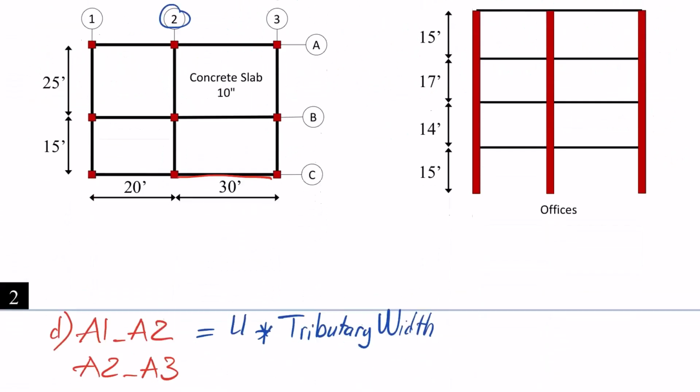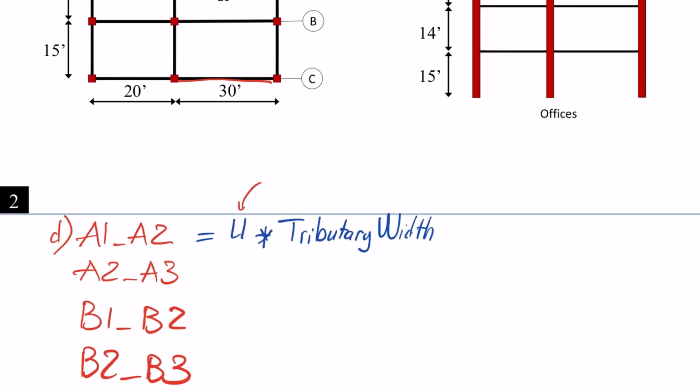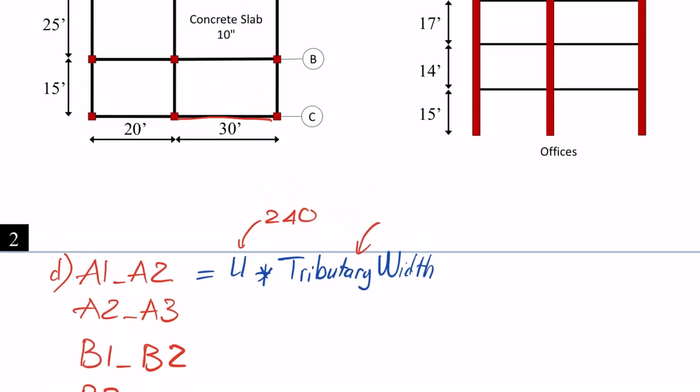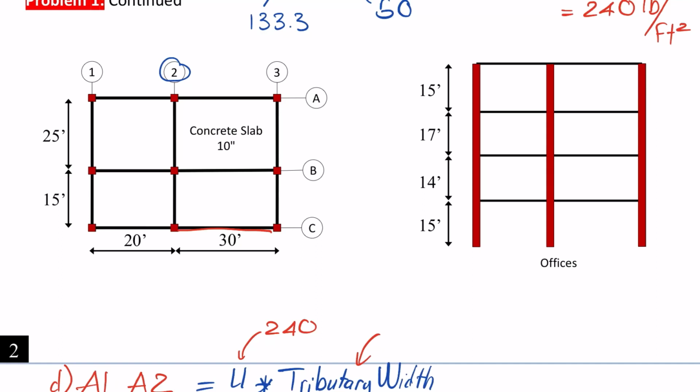This one will equal U multiplied by the tributary width, and U we calculated in part C. That one is 240. For the tributary width of beam A1, A2, let me highlight A1, A2 over here for you to see. A1, A2 is over here, right?